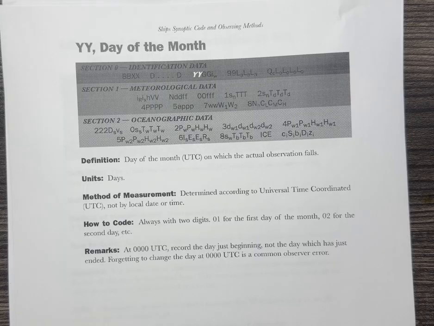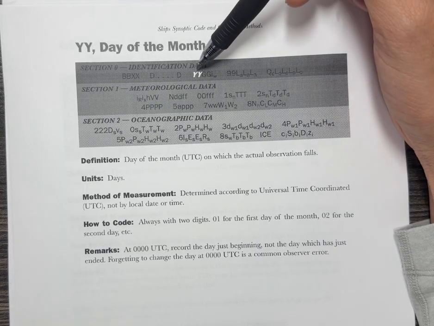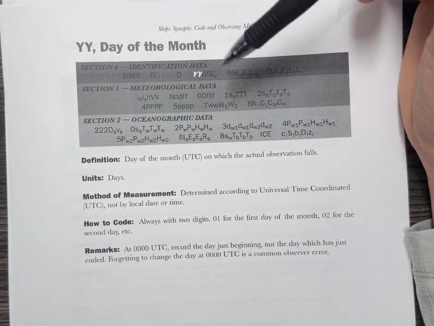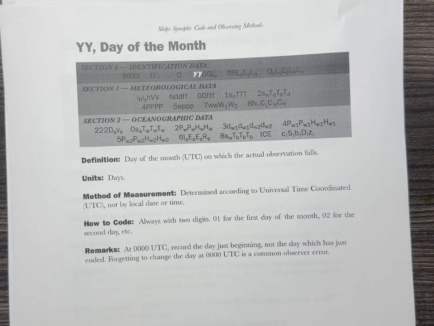So if I'm looking at this, I see YY is day of the month. And if you read this, it's in UTC. The reason it's important to know that it's in UTC is you have to apply your longitude or your zone description to your zone time to find UTC. If it's over 12 hours, it can sometimes change the day back or forward.